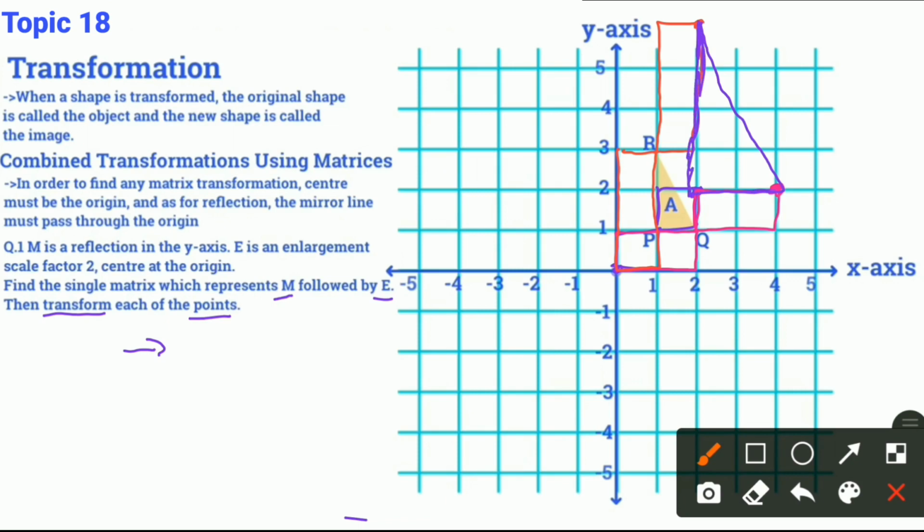And so we have this enlargement. Now we need to do reflection on the y-axis. So doing the reflection, the points will be right here. Okay, we have done the enlargement and reflection.